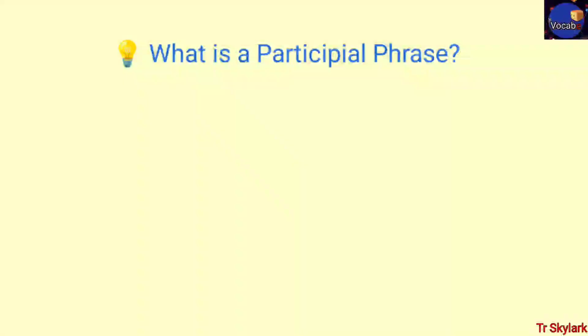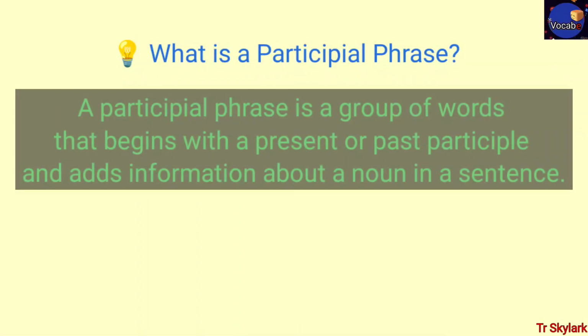Now you might ask, if this is a compound participial phrase, then what would a regular non-compound participial phrase be? Good question. A participial phrase is a group of words that begins with a present or past participle and adds information about a noun in a sentence.